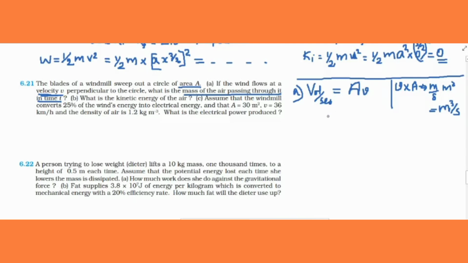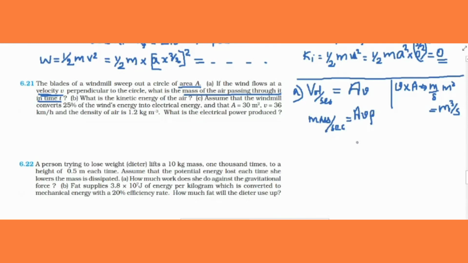And if you get volume per second, now you can calculate mass per second. How can you calculate mass per second? Volume, when you multiply by density, you will get a mass. So volume per second, when you multiply by density rho, you will get mass per second.